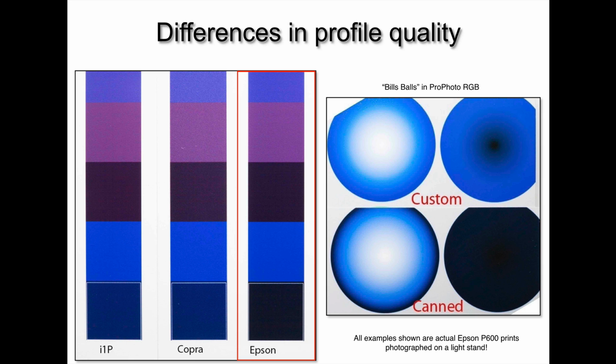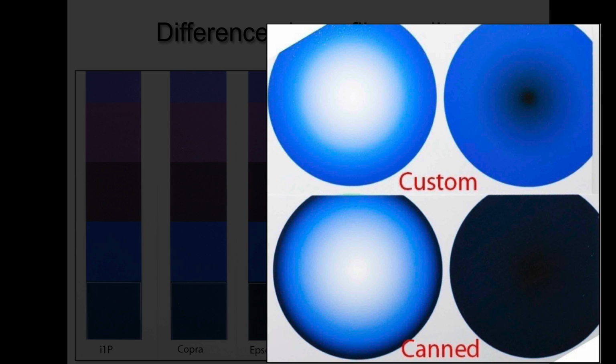And that's really visible in the print seen on the far right, where we have the two sets of blue balls. On the left, we have a ball that gradates from pure white to dark blue, and the opposite on the second example that Bill has created. And as you can see on the CAN profile, the image on the far right, it maps almost completely to pure black.